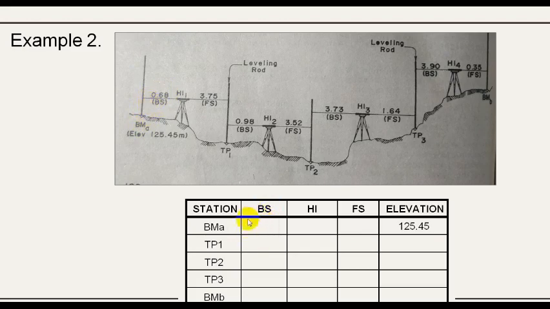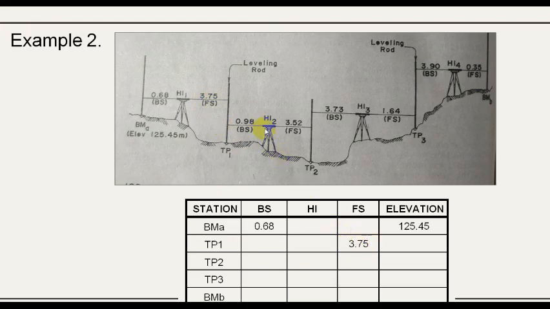So, ato siya ibutang sa backside. Then, after nato nag-sight sa backside, sight sa atong foresight sa atong turning point 1. So, ang atong foresight reading is 3.72 sa atong turning point 1.